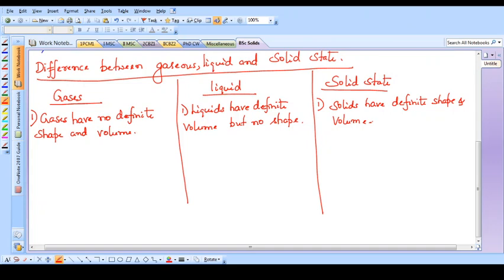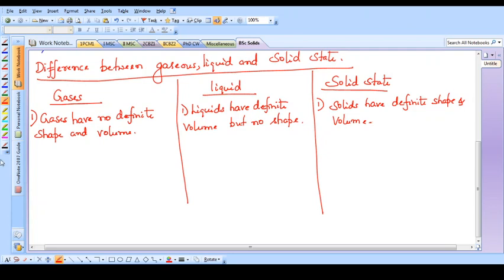If you go back to your earlier courses where you discussed gases, you know that the average distance between gas molecules is very large. Why is the distance very large? Because of a significantly lesser force of attraction between the particles. And what about their kinetic energy? The kinetic energy of gas molecules or particles is very large. As a result, gases have no definite shape as well as volume.